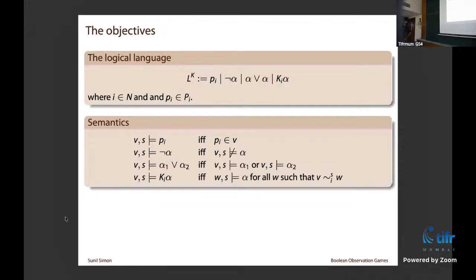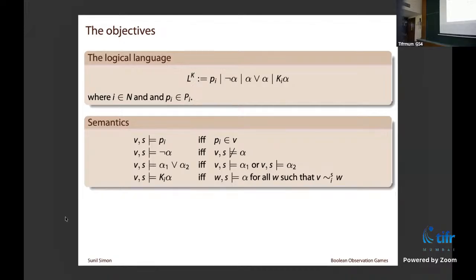The formal definition, or the semantics, of this knowledge operator is something like this. Think of it as a set of worlds, with an equivalence relation over the set of worlds, and you evaluate the formulas on these worlds. An agent knows a particular property holds if, among all the worlds equivalent for that agent, that property holds.